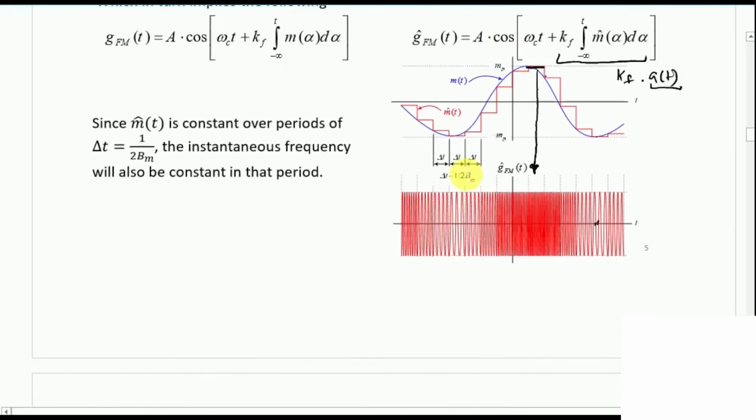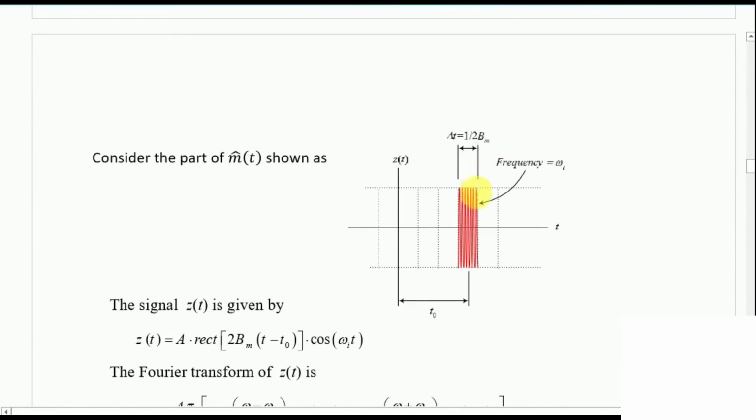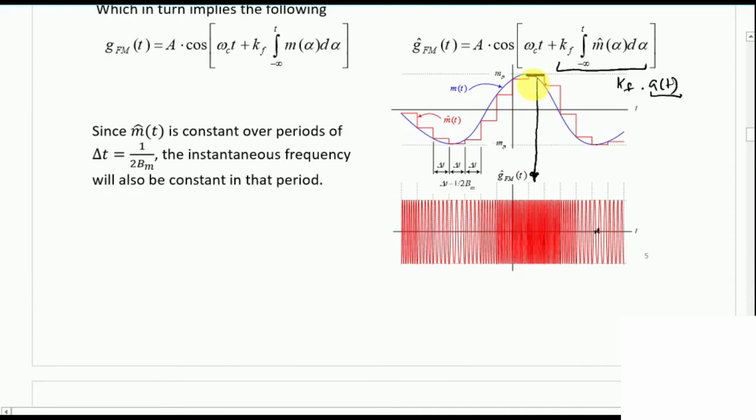Considering this figure, we will just pick one block, not all, just one. Say we are picking this block over here, and based on the linearity property, the time domain signal is basically the sum of all these samples.